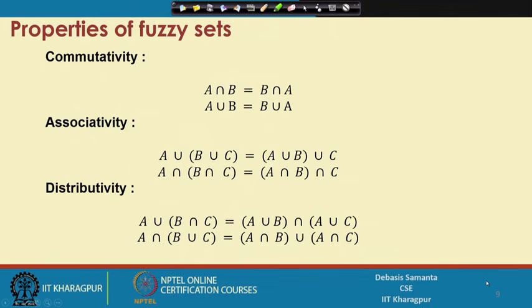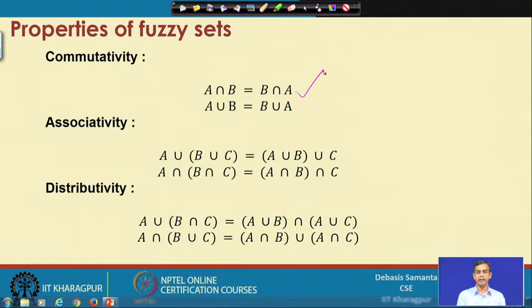Now, the operations that we have discussed follow certain properties. The commutative property is basically A intersection B is the same as B intersection A. This is the commutative property over the intersection, and this is the commutative property over the union operation.